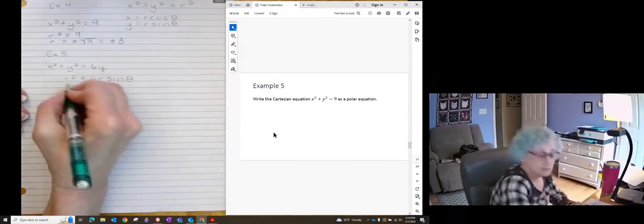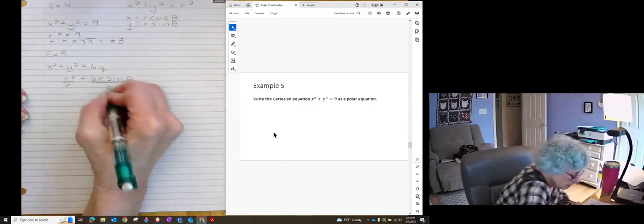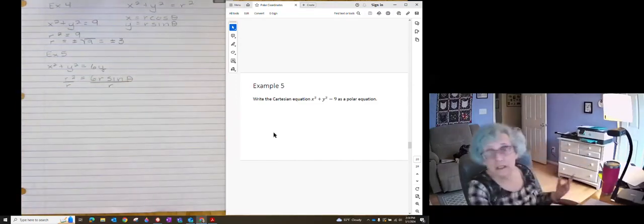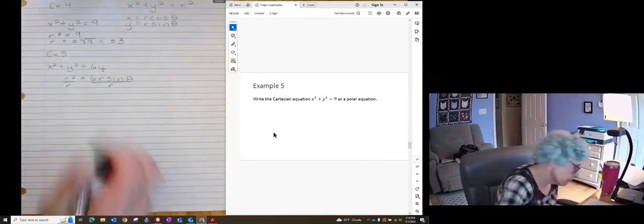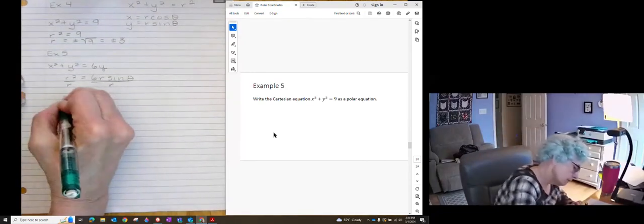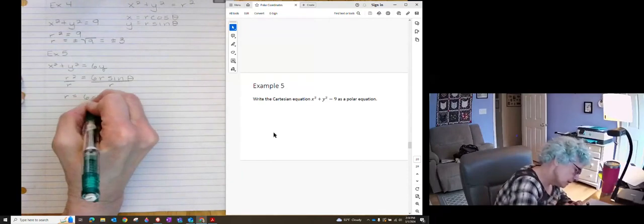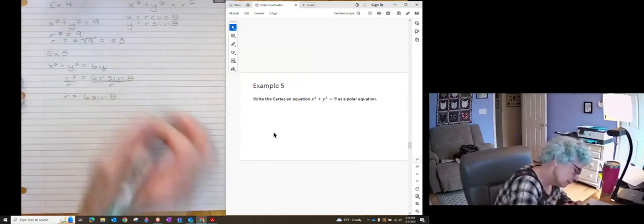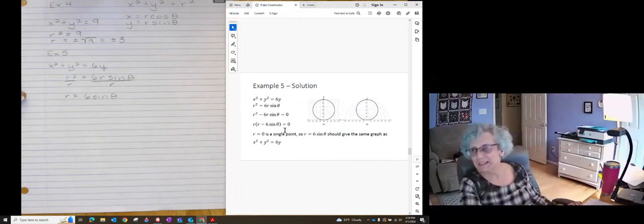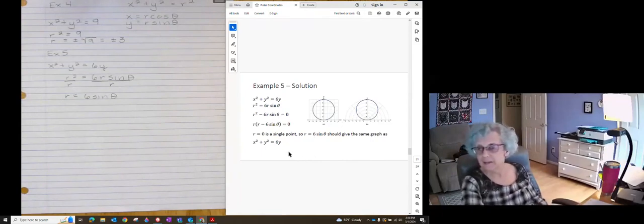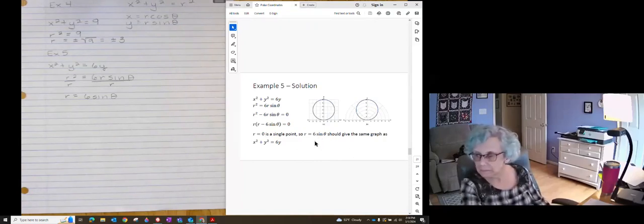Well, r isn't going to be 0 because then it would just be the pole, and we wouldn't have x squared plus y squared equals 0. So I can divide by r, and r is equal to 6 sine theta. And now we can look at the pretty answer with the pretty graphs. So this one I had already graphed for you. R equals 0 is a single point.